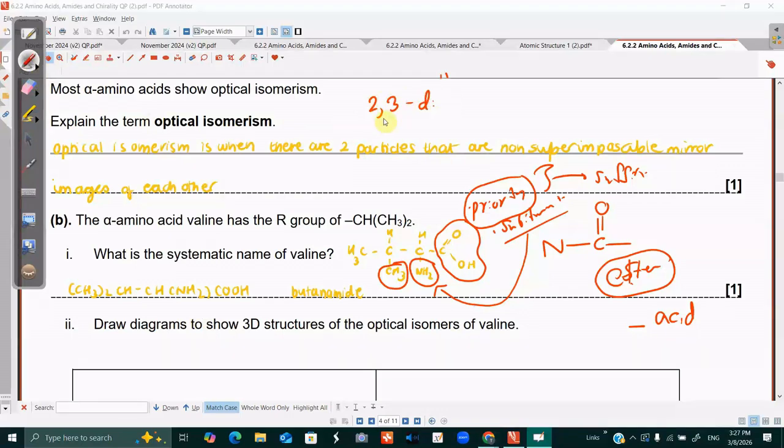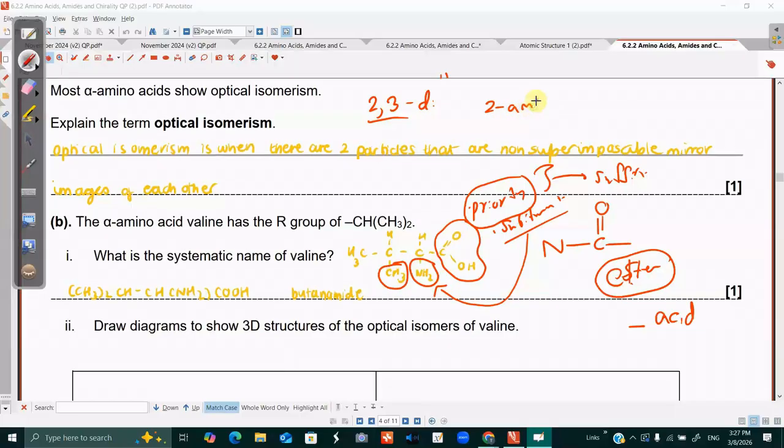In that case, you put a comma between two numerical values. Other than that, you don't use a comma. It must be a dash between a number and a name, right? So it must be 2-amino-3-methylbutanoic acid.